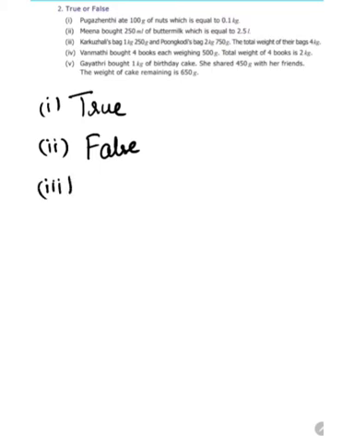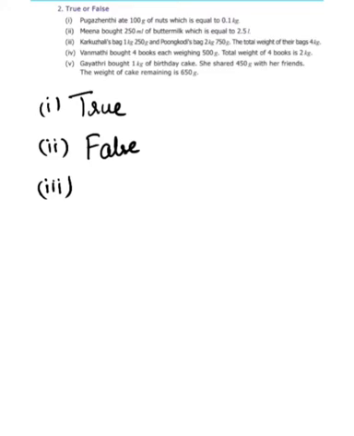Then third one, Karkulali's bag is 1 kilogram 250 gram and Pungudi's bag is 2 kilogram 750 gram. What is the total weight of their bags? 4 kg. Is it right? Yeah, it is right.